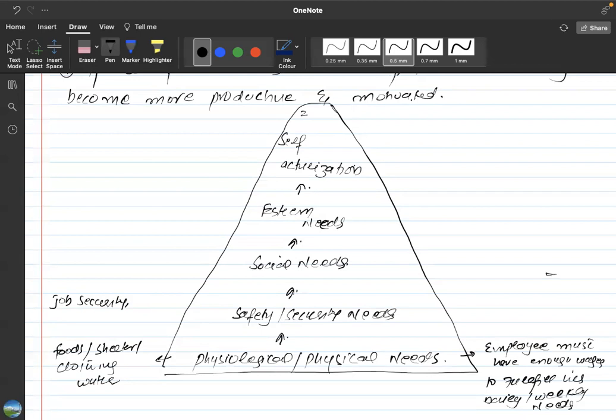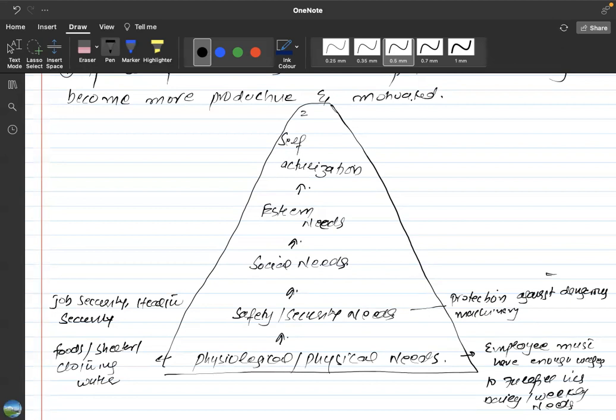By giving examples, we might say protection against dangers, for example dangerous machinery, or he is working in such a place where he is protected from dangerous environments too, and he is being treated fairly in the organization. He is protected against poverty too. These are the security needs.